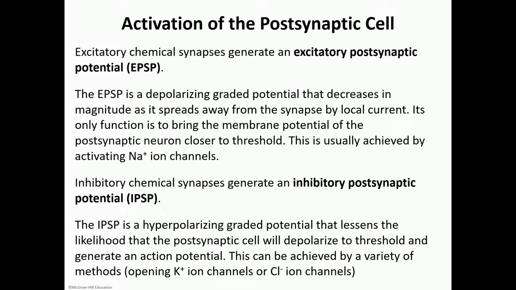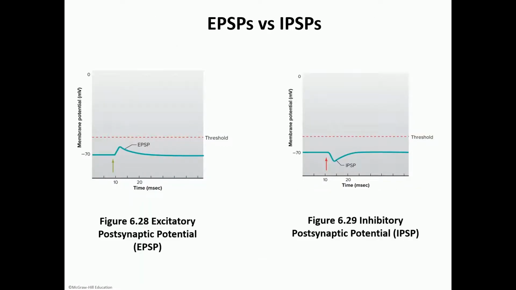Okay, and that is definitely a graded potential. Remember that action potentials are never inhibitory. So an EPSP has the ability, if it reaches the threshold, to change into an action potential. IPSPs, though, never become action potentials. So here we go. You can see it in a graph format. So your EPSP, you are opening up sodium ion channels.